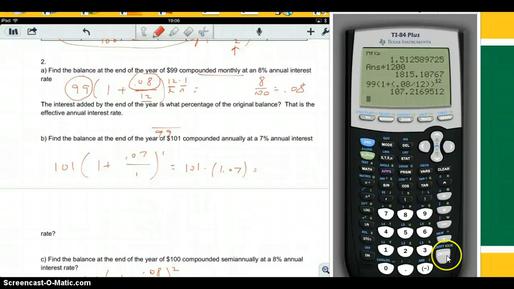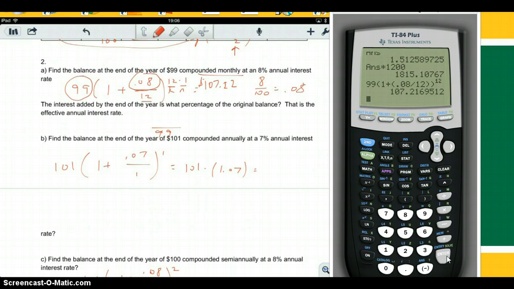Enter. 107.22. So the answer is $107.22.